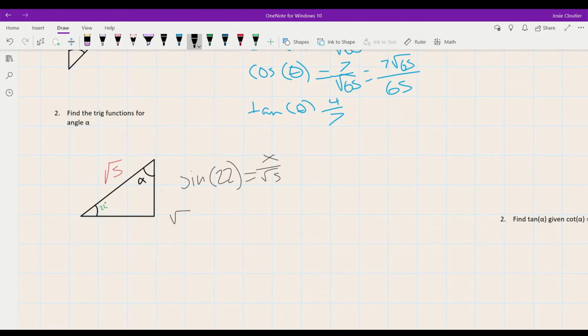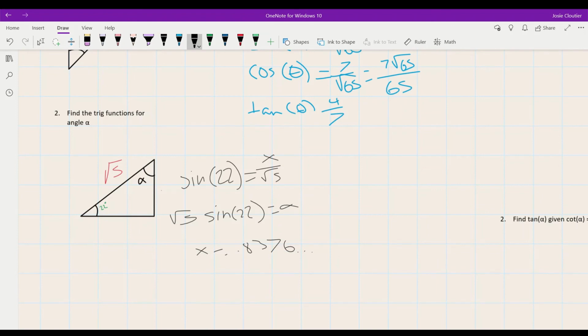Square root of 5 times sine of 22 is equal to x. And let's see, square root of 5 times sine of 22 is x equals 0.8376.